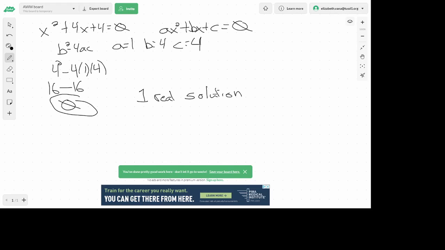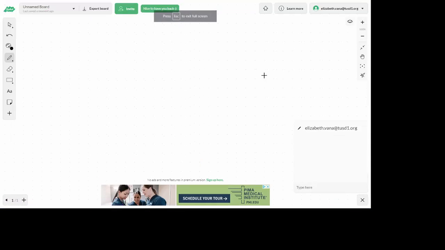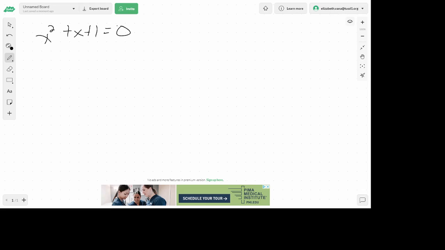All right, let's look at another example here. So now I have x squared plus x plus 1 equals 0. Again, we're just looking at the b squared minus 4ac.